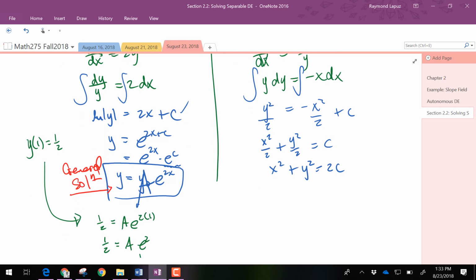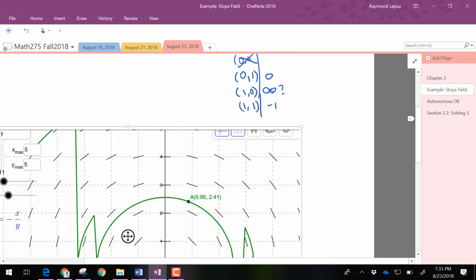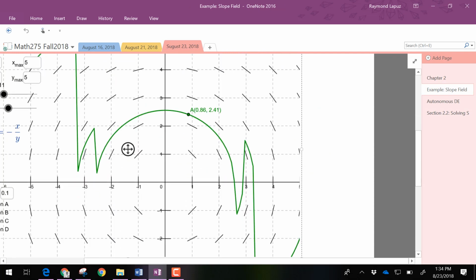So the circle is an implicit relation between x and y, but if you need to identify your starting point to be either above the x-axis or below the x-axis, then you would identify either the top half of the circle or the bottom half of the circle. With restrictions, right? Because then beyond that, you're going to have negatives under your square root. Some weird things would happen.